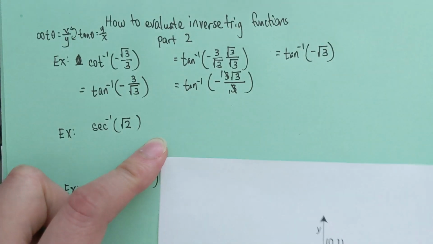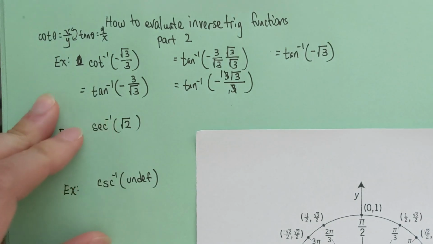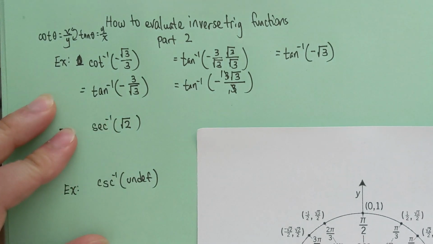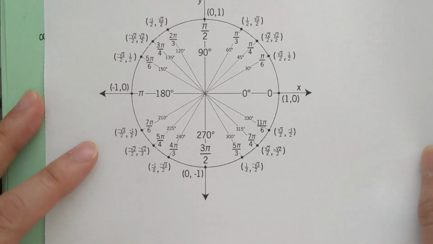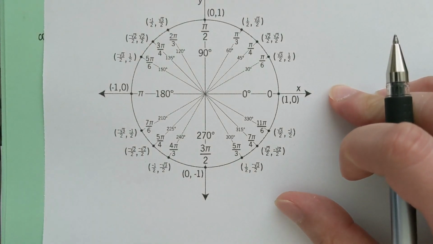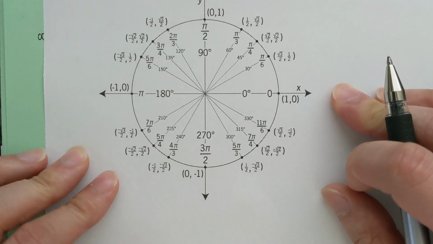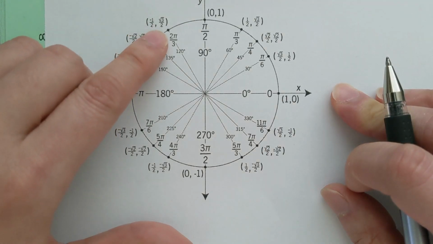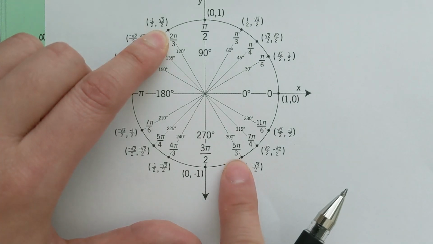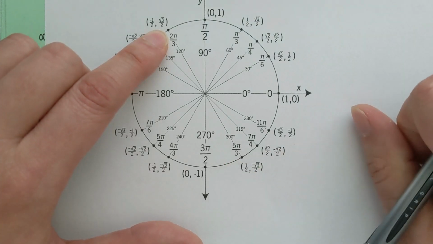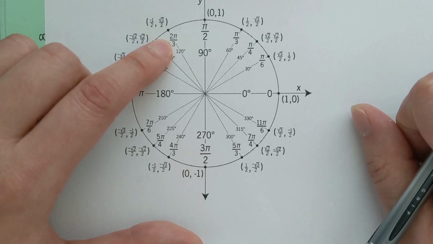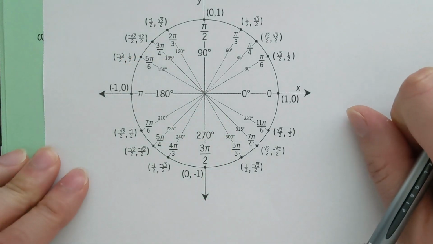So we already talked about in the last video how to answer arctangent, and I know some of you have already memorized the tangent circle. Well, here's the unit circle, and where tangent is specifically negative square root of 3 would be here and here, at 2 pi over 3 and at 5 pi over 3.